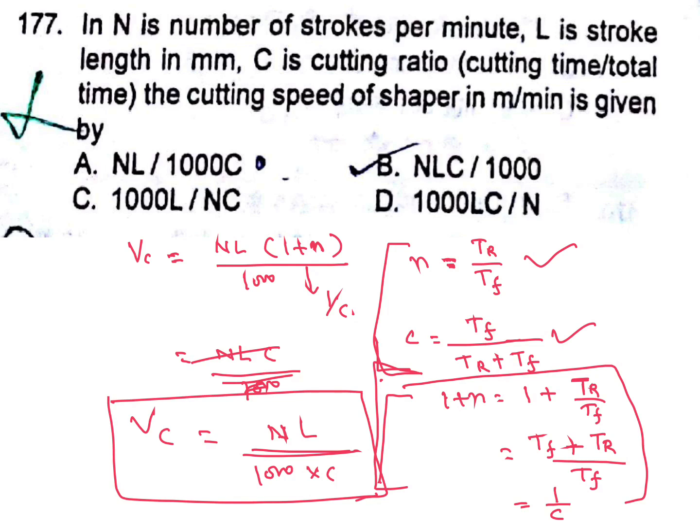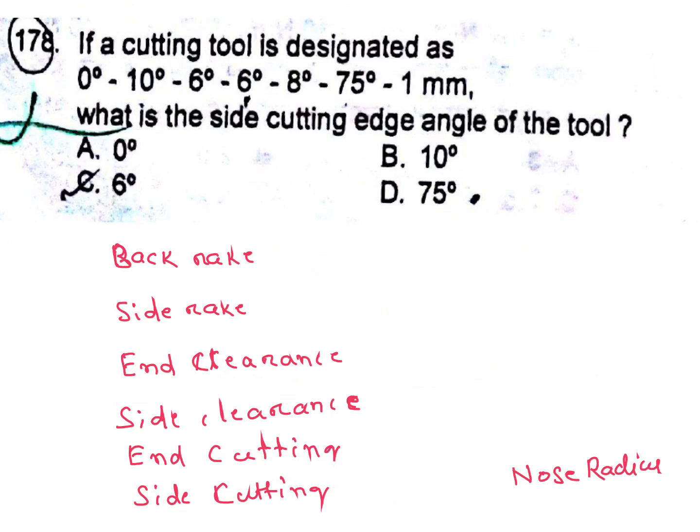Cutting tool designation is also very important for all examinations. First term is back rake angle, it's 0 degree. Then side rake, it's 10 degree. Then end clearance 6 degree. Side clearance also 6 degree.